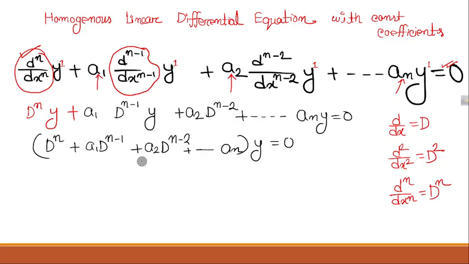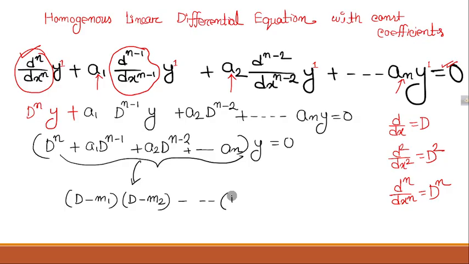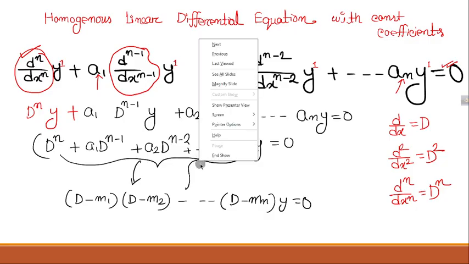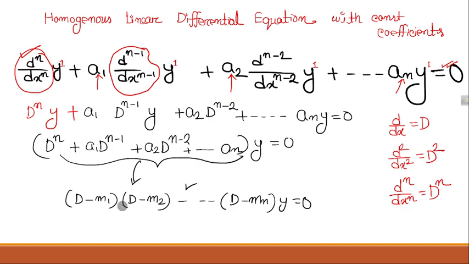Now what we have to do is convert these terms of D into a form like this: D minus, let's say, m1, then D minus, let's say, m2, up to D minus, let's say, mn. If I somehow can convert this equation like this, I can solve the equation.